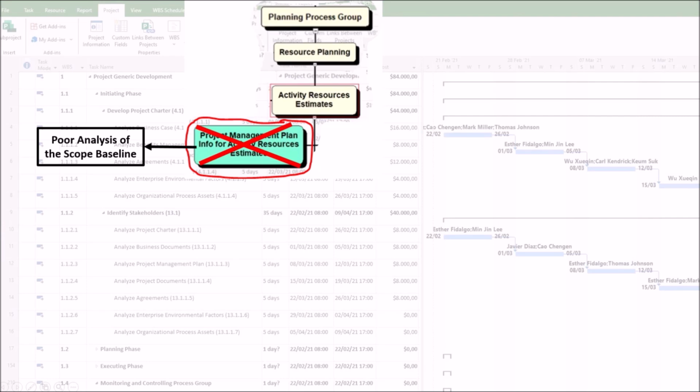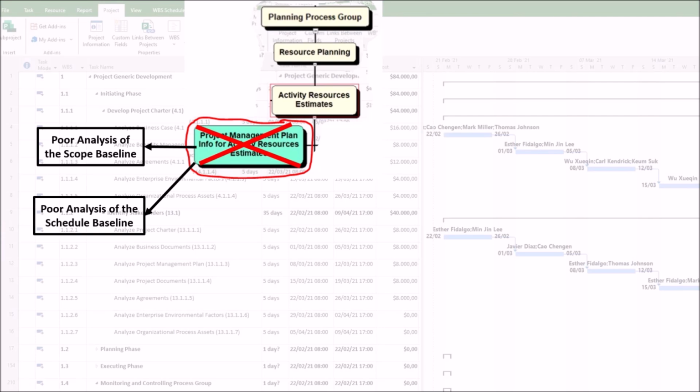For example, you might plan resources for building a website but forget the resources needed for user acceptance testing and training. Second, a poorly defined project scope statement might miss key technical requirements. You might estimate for a standard software developer when you actually need a developer with specific cybersecurity or AI skills, leading to a capability gap.